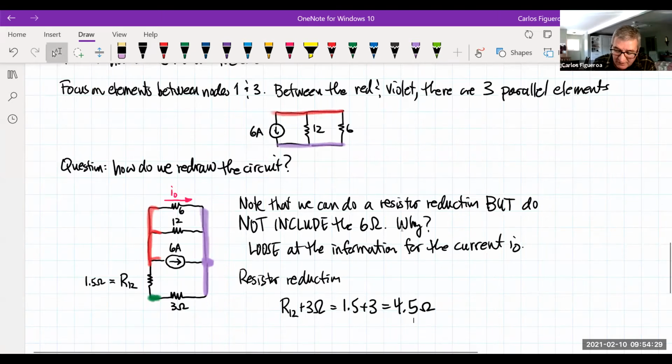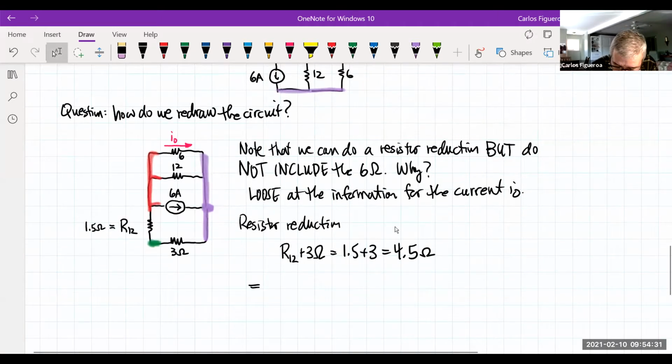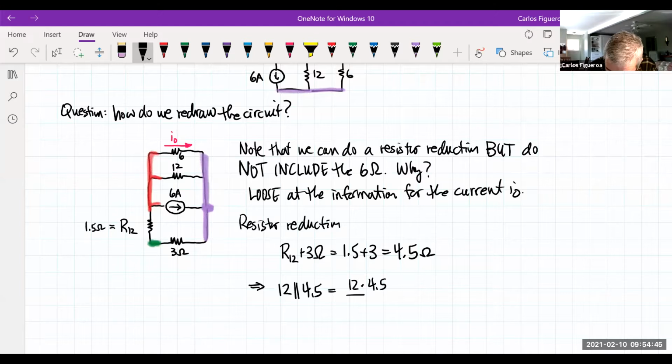So when we talk about resistor reduction, we really have 12 parallel to 4.5. Now, what is that resistor value? Well, it has to be 12 times 4.5 over 12 plus 4.5. And if you punch this into your calculator, you should get 3.3 ohms.